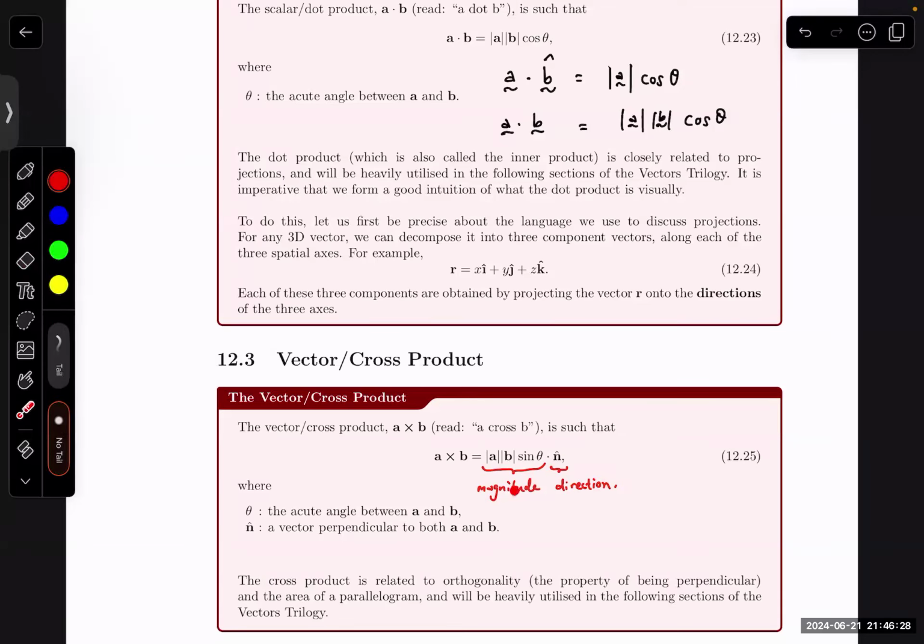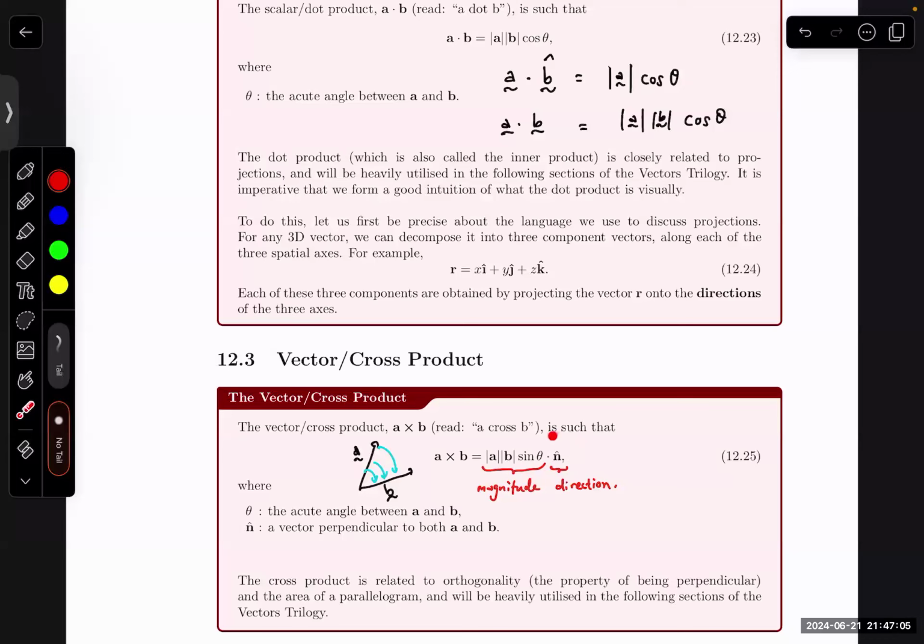Okay. Magnitude of the vector that you grow when you sweep from A to B. Remember, we are sweeping from vector A to vector B. A cross B. When we sweep across, we grow a vector that is perpendicular to A and B. The perpendicular part is written here as n hat.